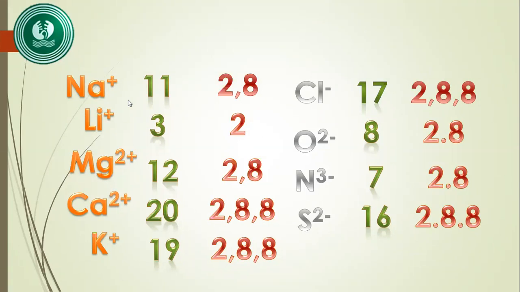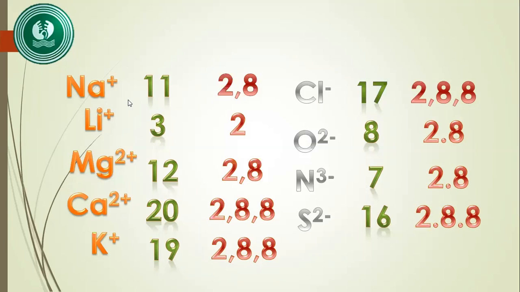I will explain the magnesium 2 positive ion and the oxide ion. Here for the magnesium 2 positive ion, you know magnesium's atomic number is 12, so the electronic configuration of magnesium is 2,8,2. To get the stable form, magnesium loses 2 electrons, so it takes the electronic configuration of neon, that is 2,8.